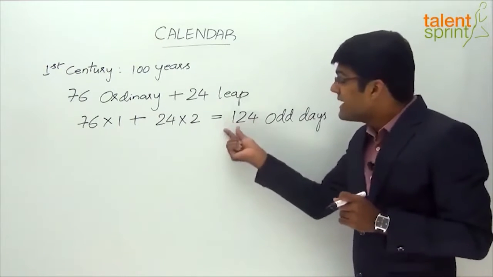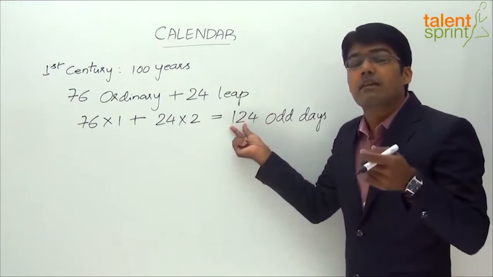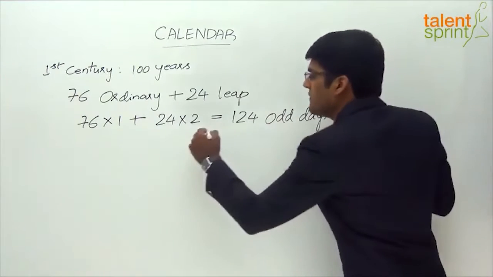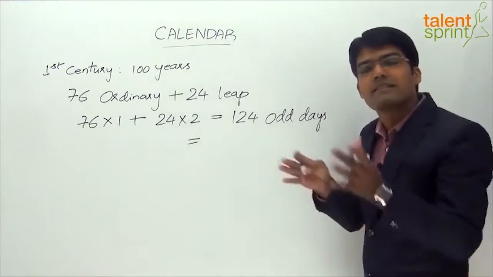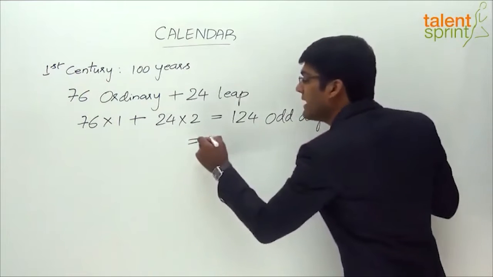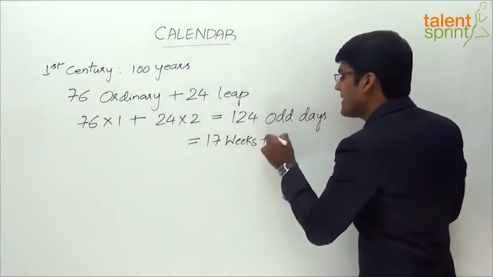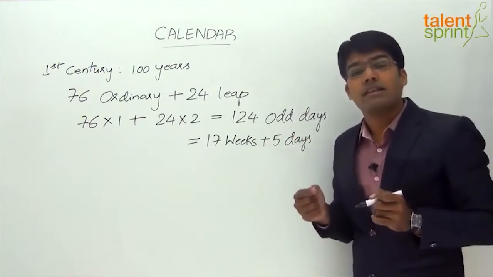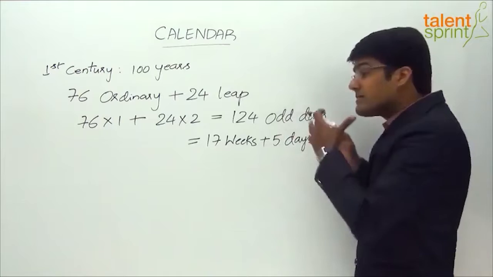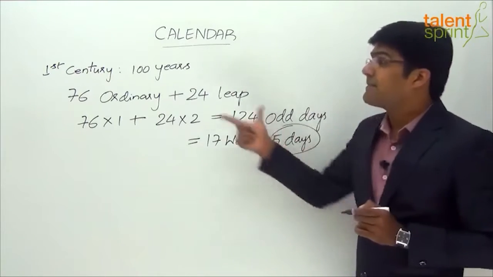So if we split 124 days in terms of complete weeks and additional days, we will get 17 complete weeks plus 5 days. And since we know that the number of odd days is the number of days more than the complete weeks, we can say there were 5 odd days in the first 100 years.